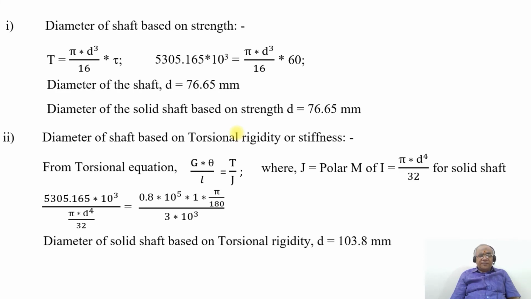On cross multiplication and simplification, the diameter of the solid shaft based on torsional rigidity is D equal to 103.8 mm.